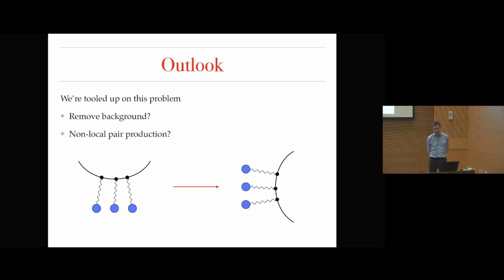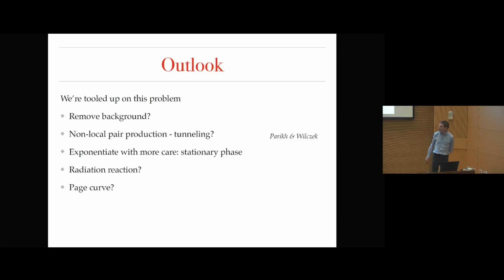So you picture a pair being gradually put on shell over some long period of time through picking up small, soft amounts of energy over an extended period. That's an interesting picture of the pair production. This must somehow be related to tunneling, I think. I don't know how, but there's this famous work of Wilczek interpreting Hawking radiation as a tunneling process.